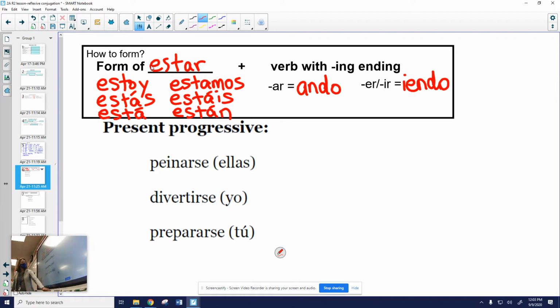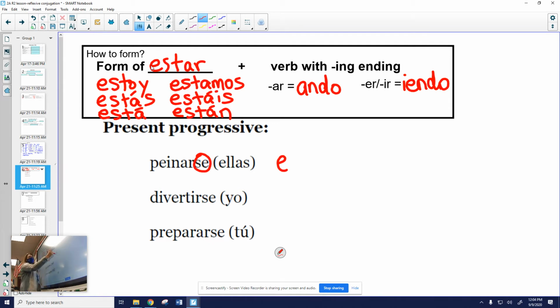There we go. So for the present progressive, there are two possible options. We could move the se in front of the conjugated form of estar, or we can tack the se, the reflexive pronoun, onto the end of the ando, yendo ending. So if we wanted to say they are brushing their hair, they are doing their hair, peinarse, we take out the se, we conjugate peinar.